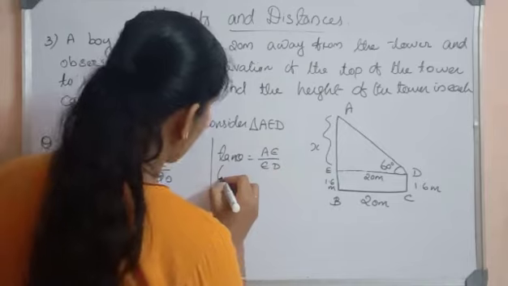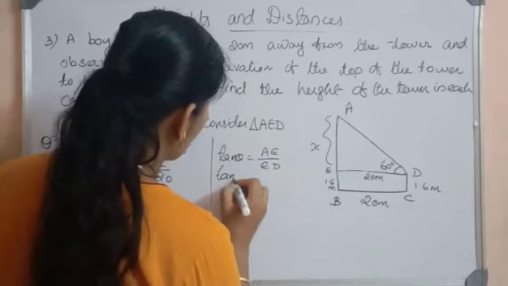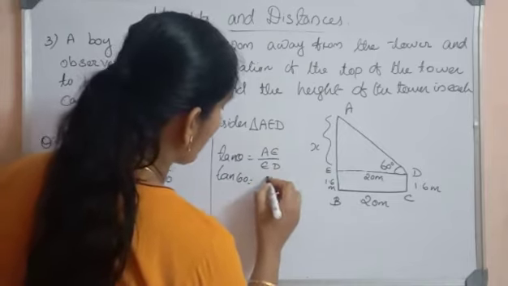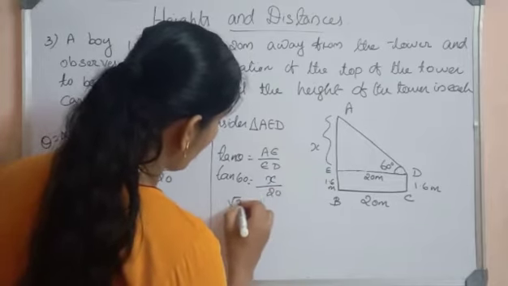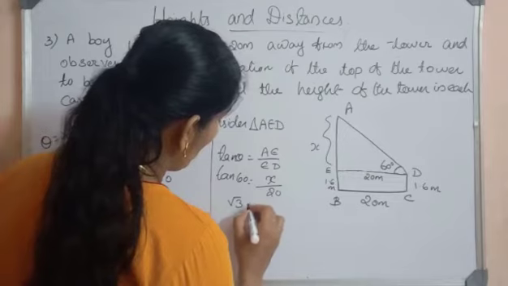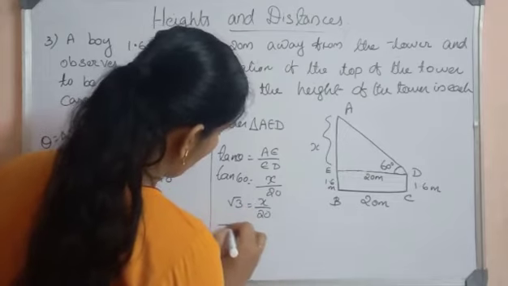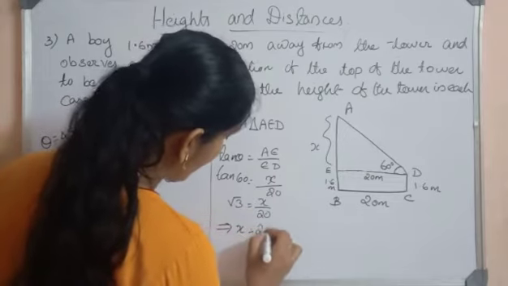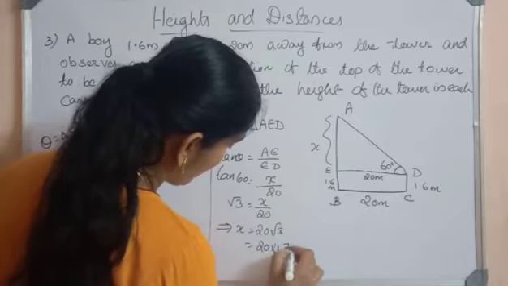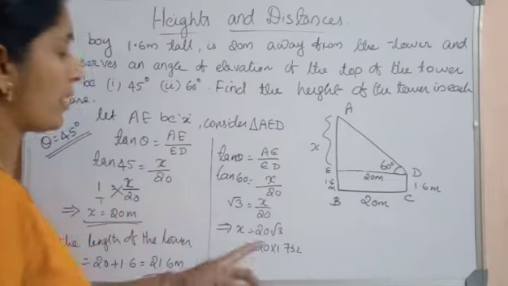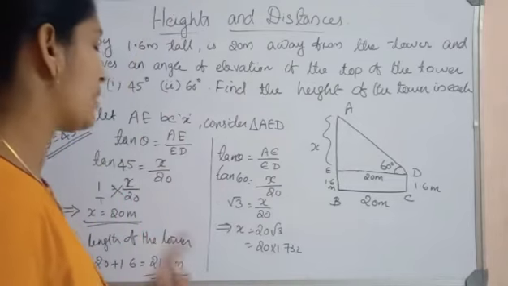That is tan 60. Tan 60 is equal to AE, which is x, by 20. Tan 60 is root 3. Root 3 is equal to x by 20. This implies x is equal to 20 root 3. That is equal to 20 into 1.732, since the value of root 3 is 1.732.